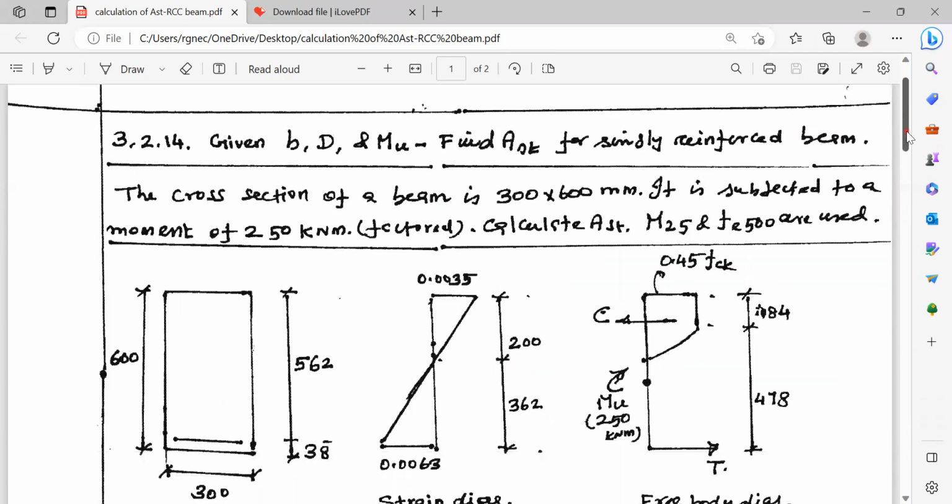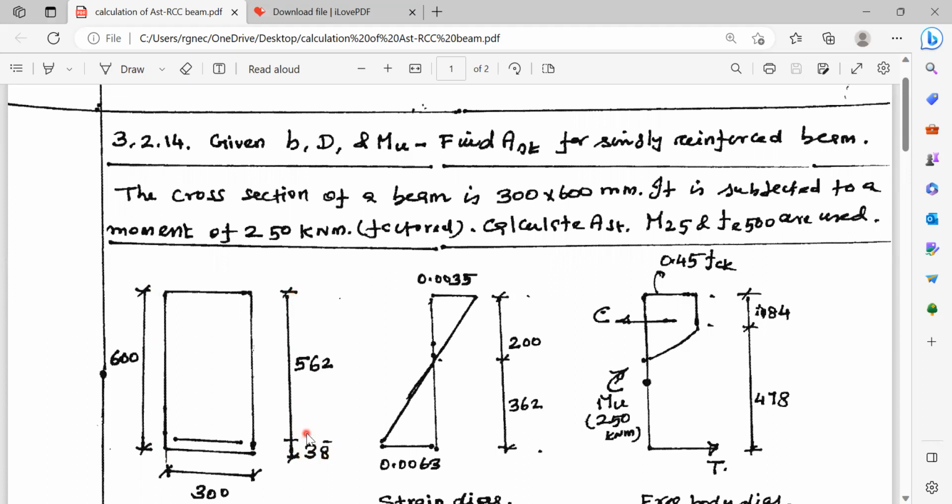Normally 25 mm is the minimum clear cover, and if you add another 14 mm, which is D by 2, then the effective cover comes to nearly 38 mm. Therefore, the effective depth comes to 562 mm. 600 mm is the overall depth, and 38 mm is the effective cover, and 562 mm is the effective depth.